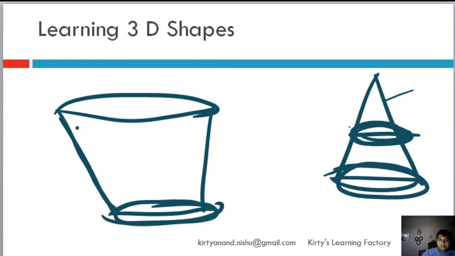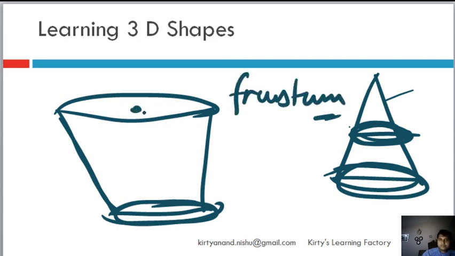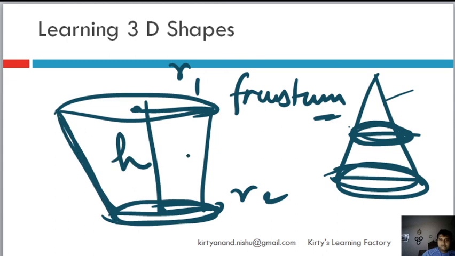Forget tabla and all, but a flower vase or a gamla or a bucket is a classic example of what is known as a frustum. So for a frustum, this R1 is different from this R2, and this is the height, and then there is the length of the inclined sides and stuff like that. We will learn about it later, but just understand that that's a frustum.